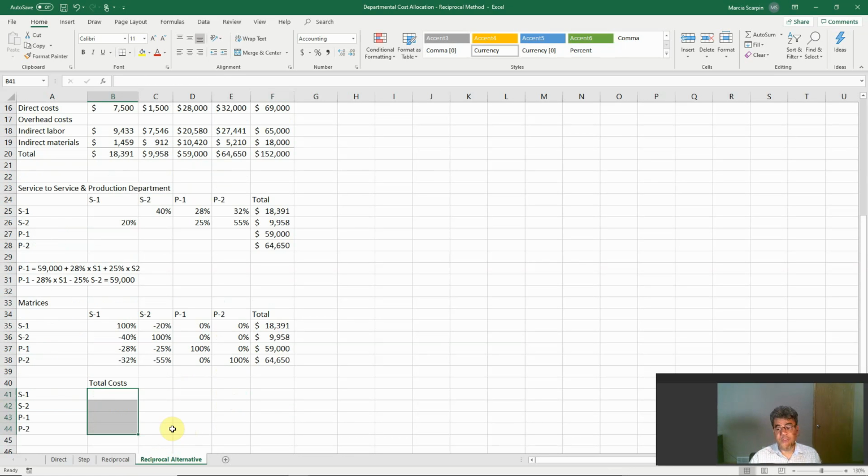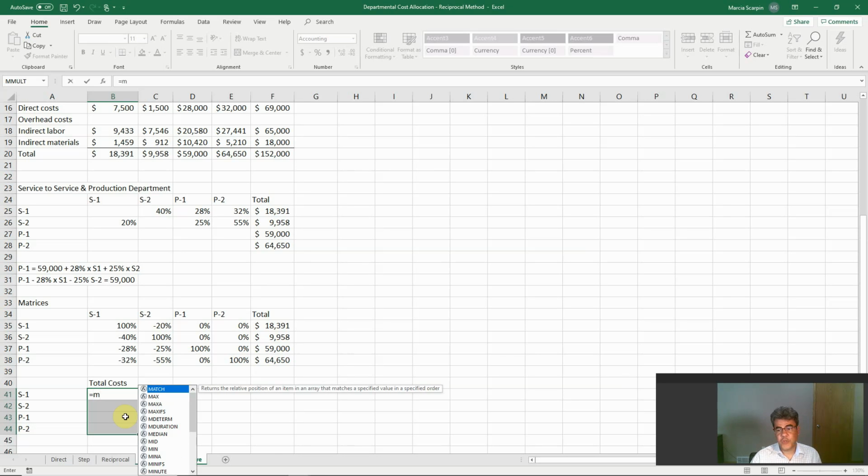First of all, our answer will also be a matrix, so we need to select the matrix here. And how do we do that? The matrix formula in Excel is MMULT. So we will multiply the inverse of this matrix by this second matrix here.